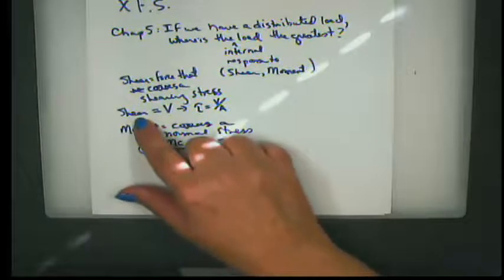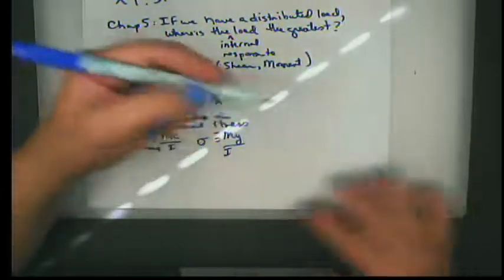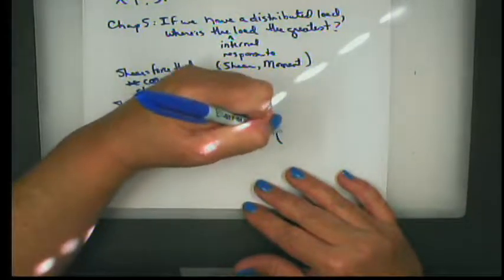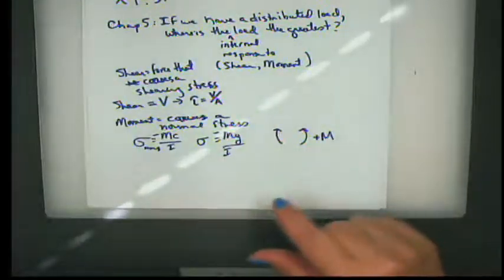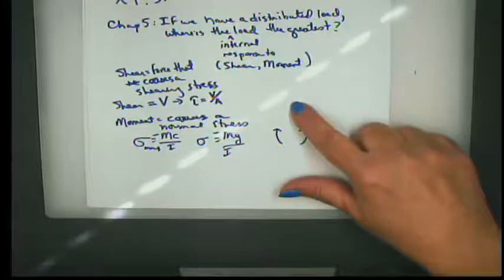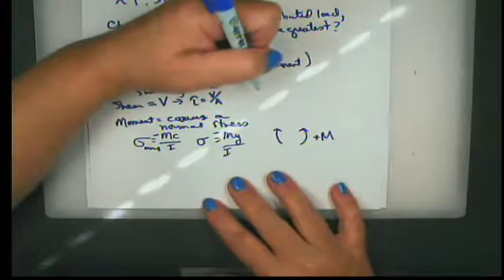Now, one of the things that we have not talked about, we know that a moment that looks like this is positive. And we have not really talked about what kind of a shear is positive.